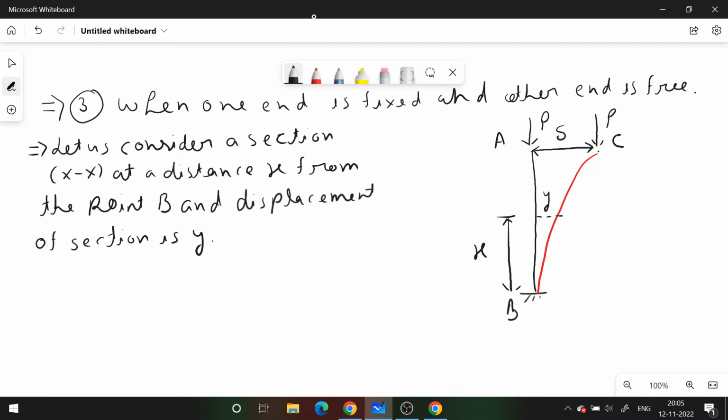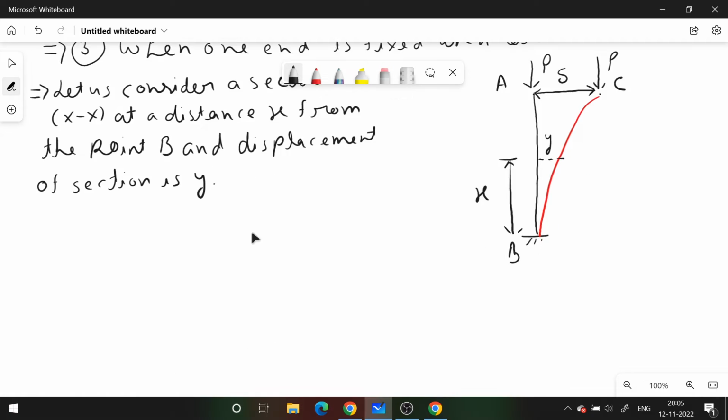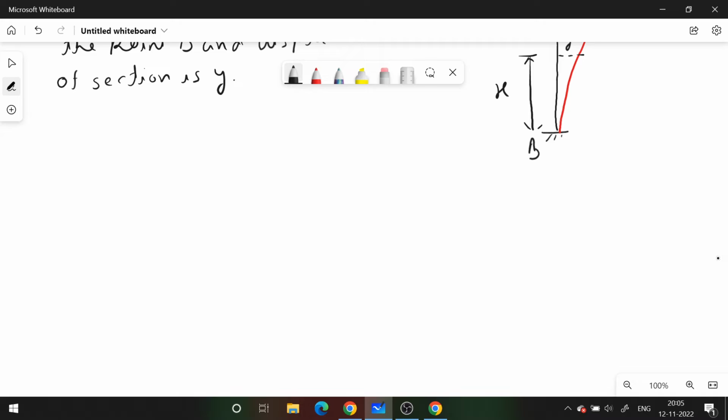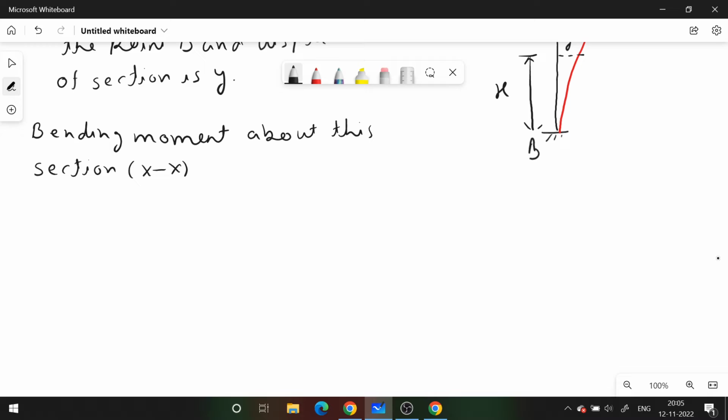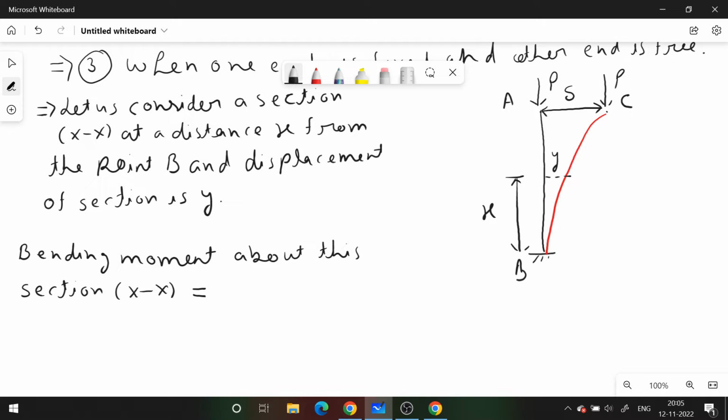Now, the bending moment about this section XX due to the load will be equal to the load into the perpendicular distance.